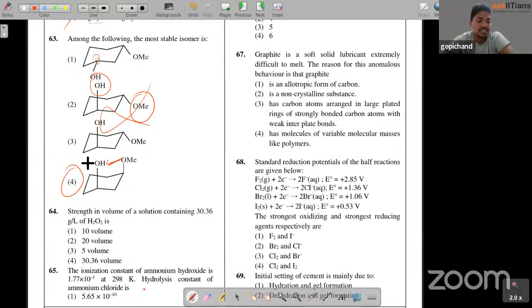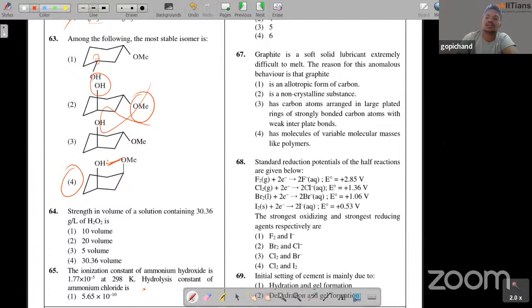So the question is asking the strength in volume of a solution containing 30.36 gram per liter of H2O2. So how to do this question? We have to find the strength. How do you find the strength? We know that to find the strength, you require formulas.